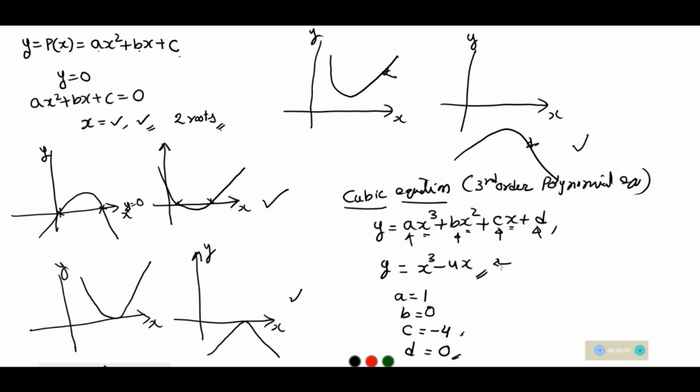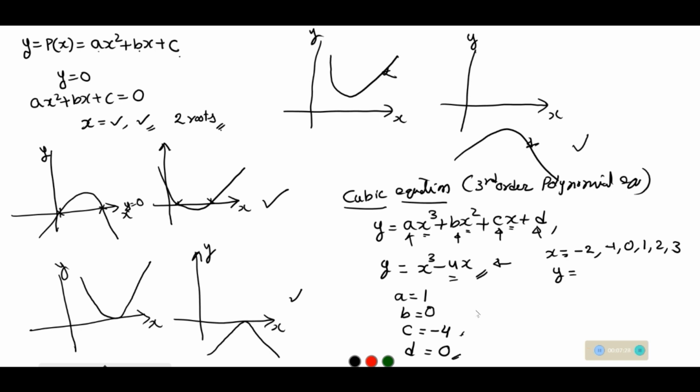Similarly, I am not going to repeat everything here. If you keep varying in this equation, I keep varying x from minus 2 to minus 1, 0, 1, 2, 3. If you keep putting x equal to these numbers, how much y you get?